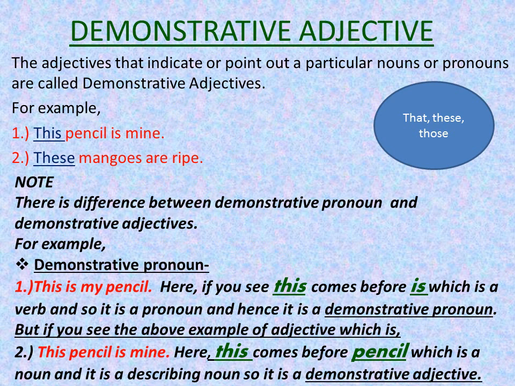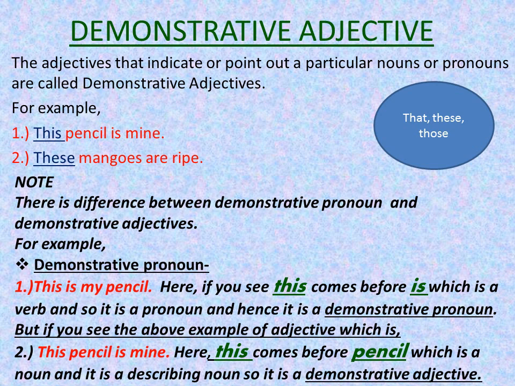First one is demonstrative adjective. As the name suggests, demonstrative means to show something, that points out. Let us understand this with the help of some examples and its meaning.